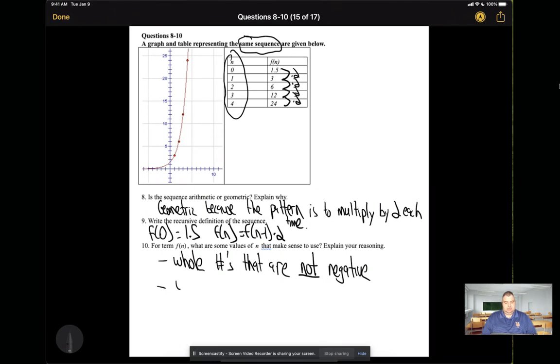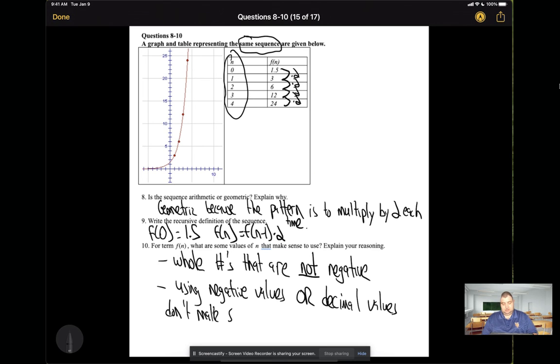So using negative values or decimal values doesn't make sense. Why doesn't it make sense?